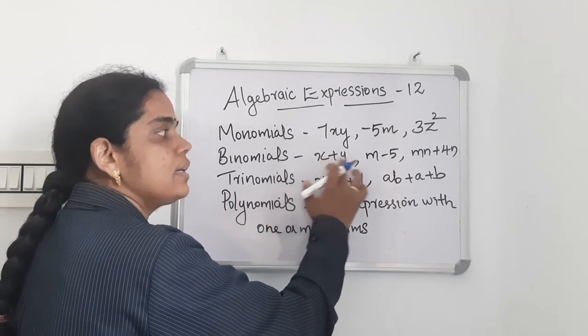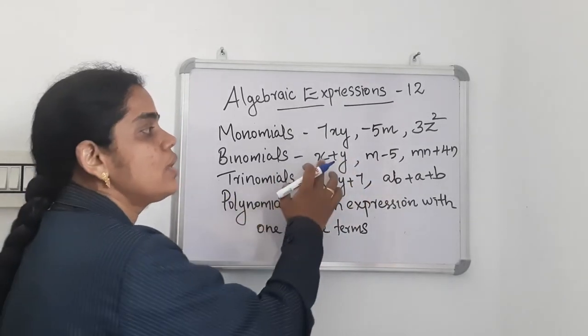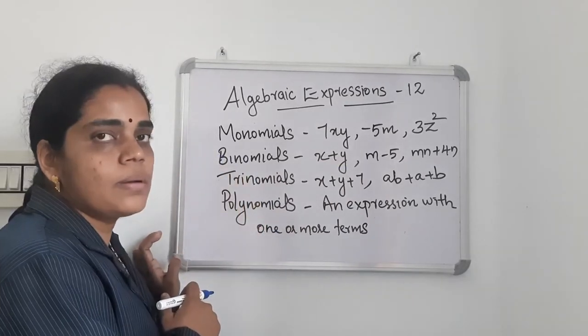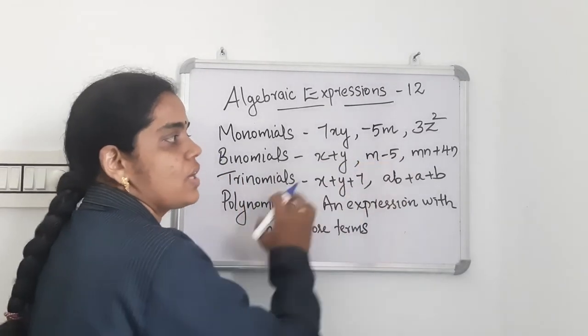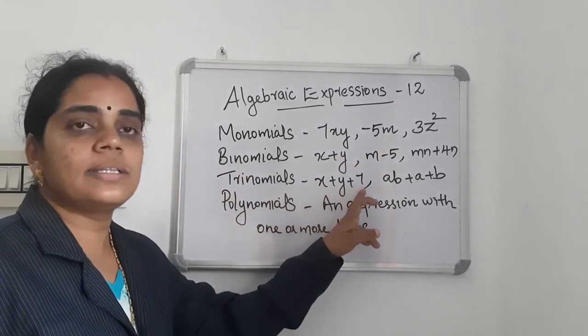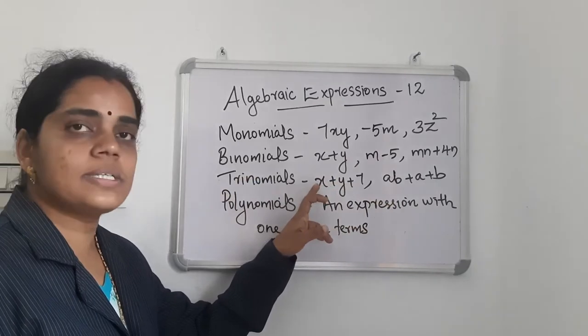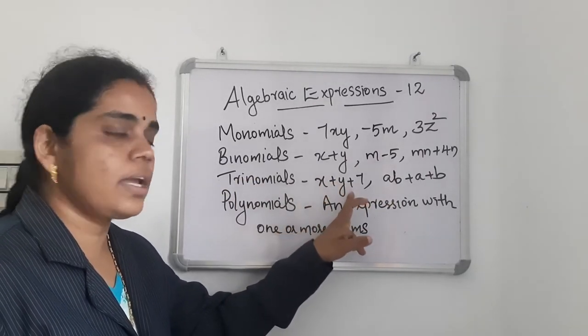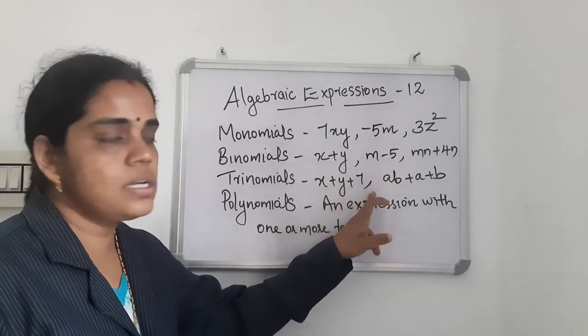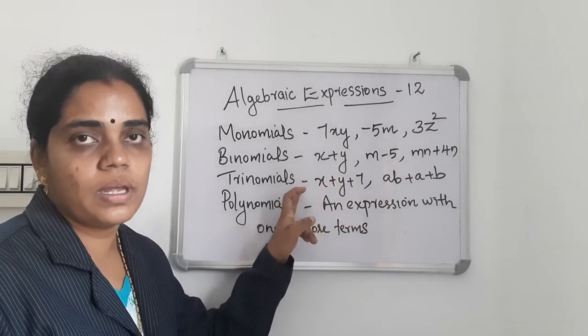Here x is a term and y is another term. So x plus y, two terms are there. That's why it is known as a binomial. m minus 5 is also a binomial, two terms. In this example, three terms are there. What are the three terms? x is a term, y is a term, 7 is another term. So it is known as a trinomial.